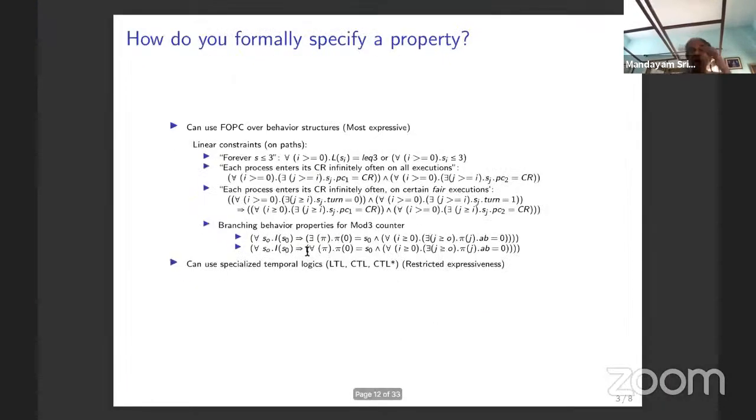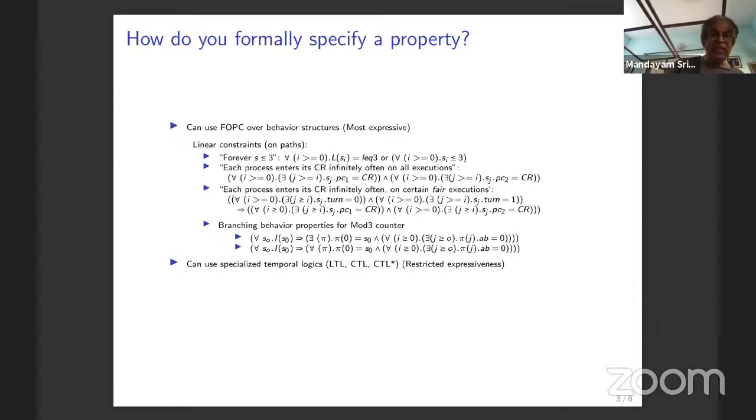It will be a little bit more complicated. You will have to say something like, for every path originating from every initial state, there exists a path originating from that state on which a certain condition holds.